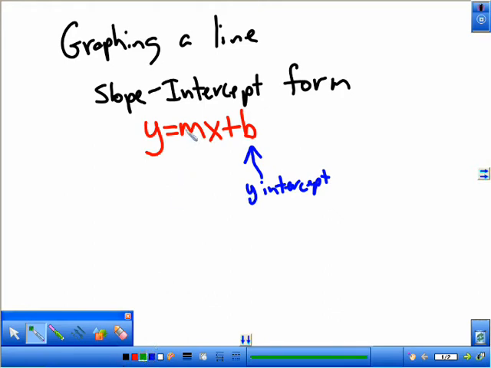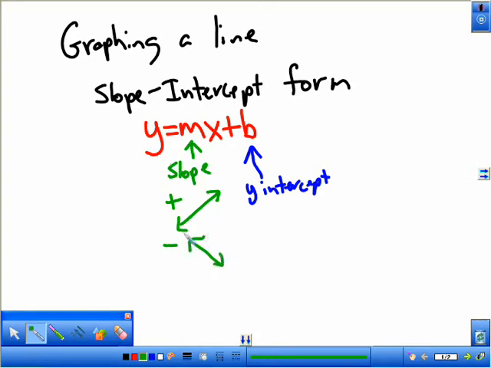On this side here, we already know what this means. This means slope. If it's positive, we've learned that it rises to the right, and if it's negative, it rises to the left.